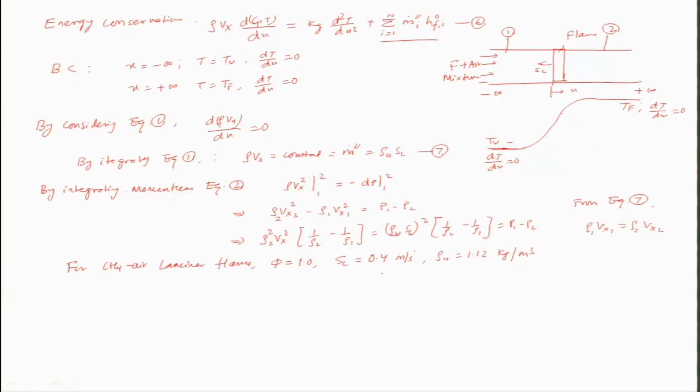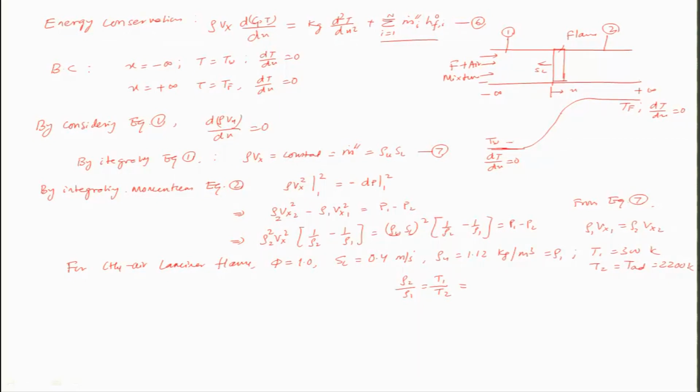Now, rho 2 by rho 1 is equal to T1 by T2 from the ideal gas law, keeping pressure constant for the time being. Let us say T1 is 300 Kelvin and T2 will be the adiabatic temperature I am considering, 2200 Kelvin.